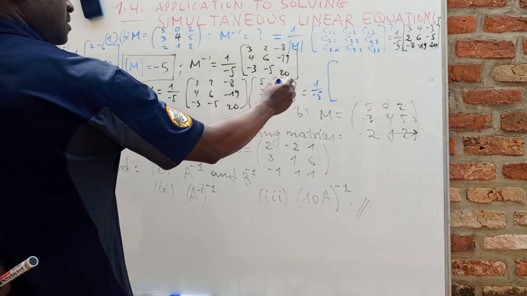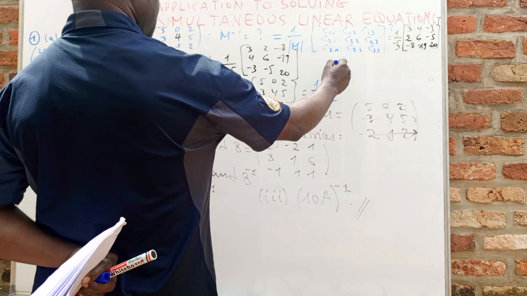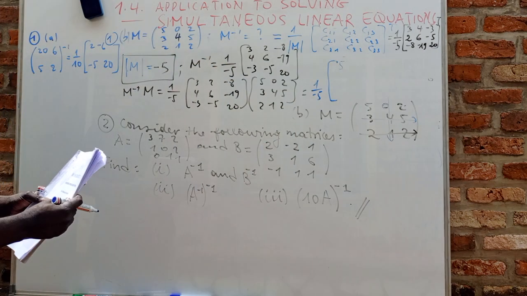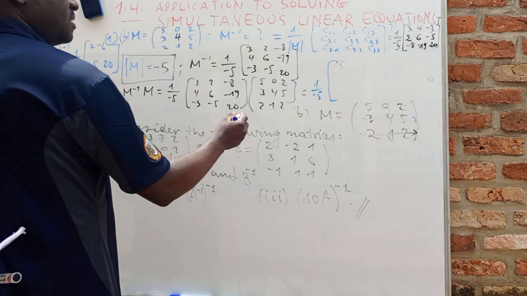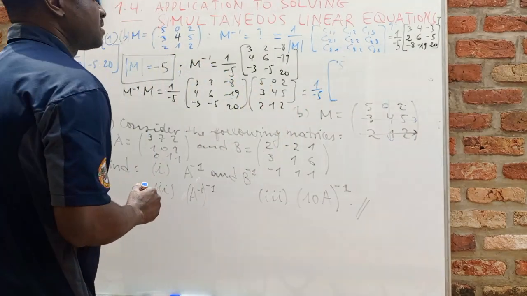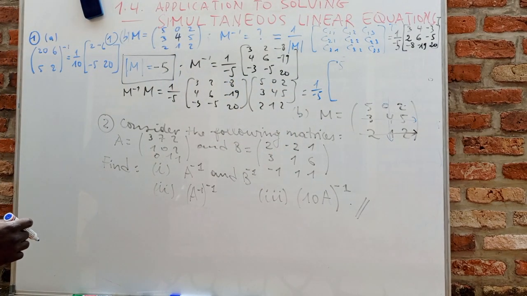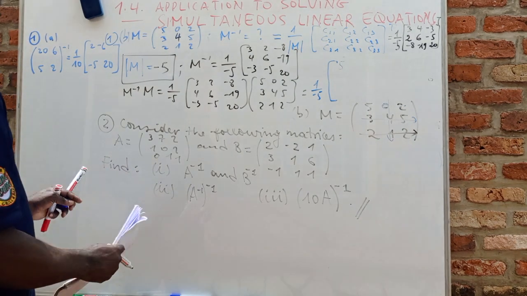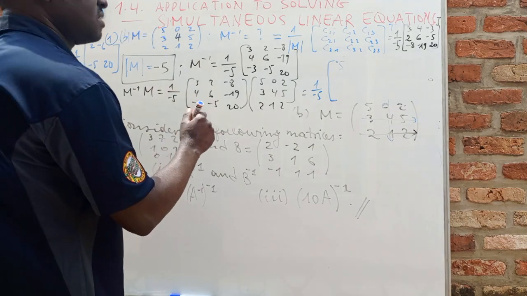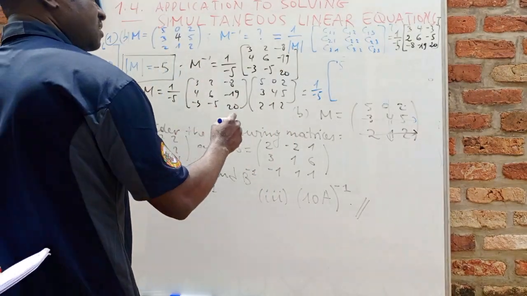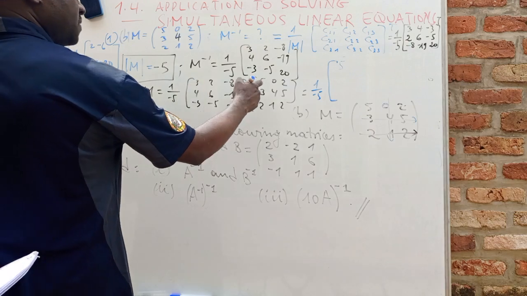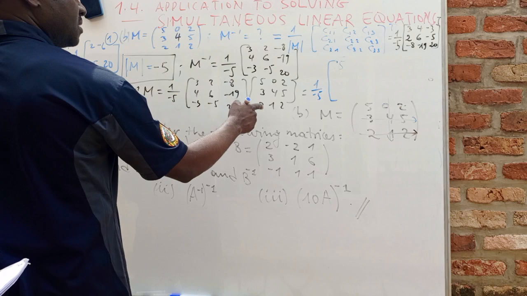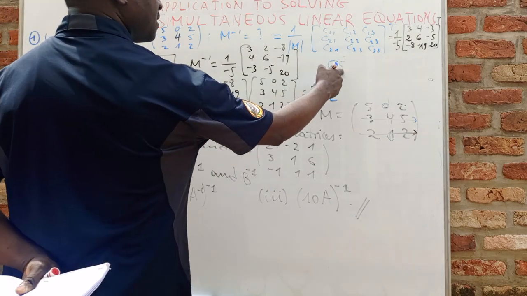Yes, 21 minus 16 is 5. This can't be right, since the determinant has been calculated to be equal to negative 5. Probably we have some mistake that we have to correct after calculation. So 15 plus 6 is 21, minus 16, it is equal to 5.